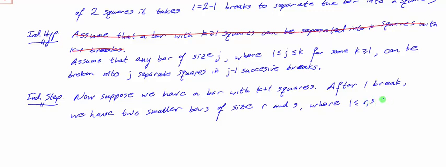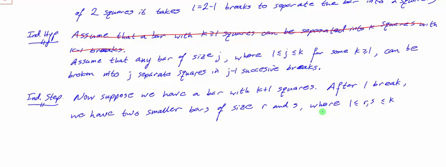So we can't have any more than k squares left in the other one. So they're going to fall somewhere in that range. We're performing a break. If we have just a row of squares, then maybe it's possible to break 1 square off and have k squares left in the other piece. Maybe we have a situation like the 3x4 grid where it's not possible to do that, but when we split it, we are going to be less than or equal to k.